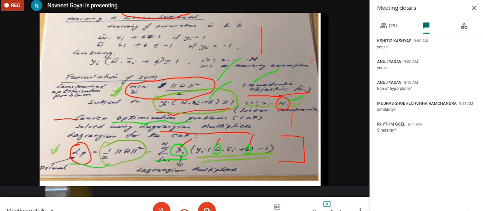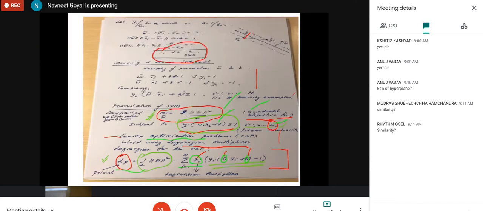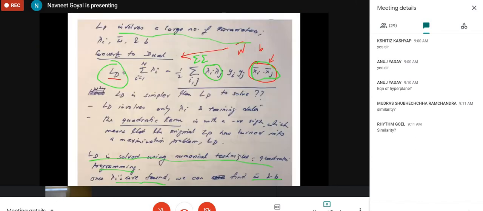Right. So now what I do is, let me take you to the next slide. Yeah. So L_P involves a large number of parameters. It involves lambda i, it involves w, and it involves b. So what we do now is we convert it into a dual problem.